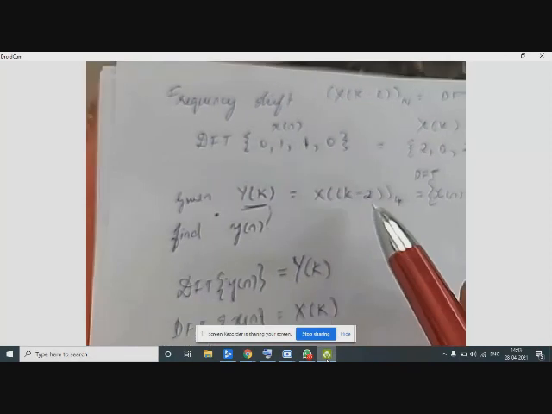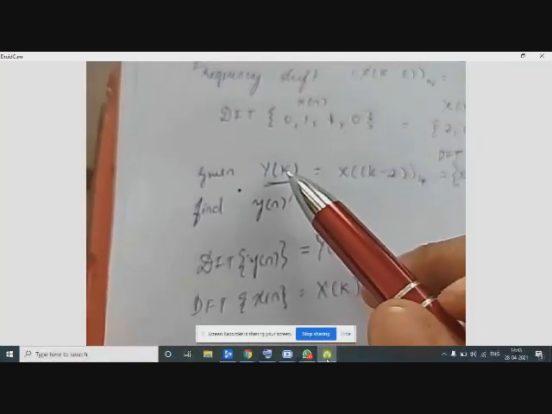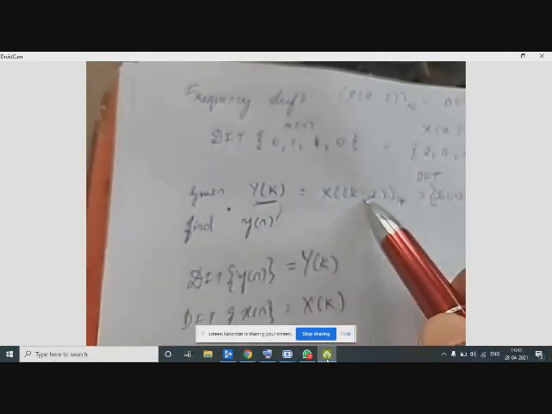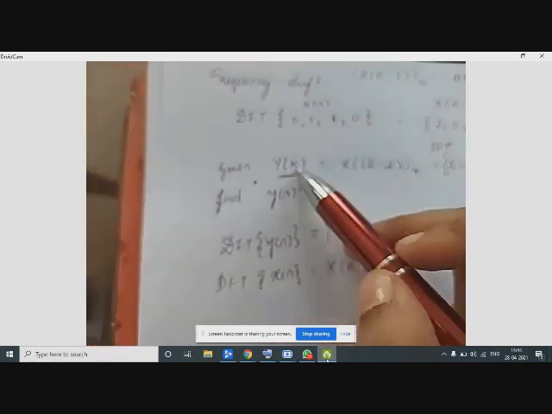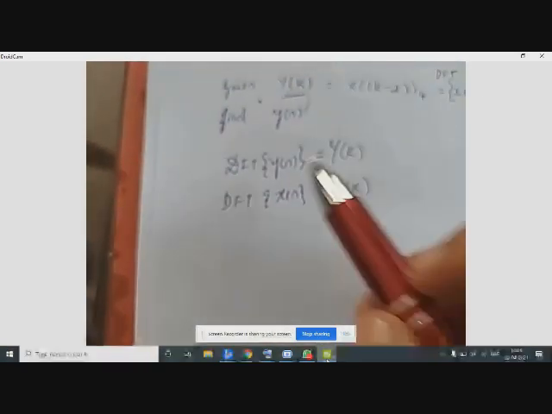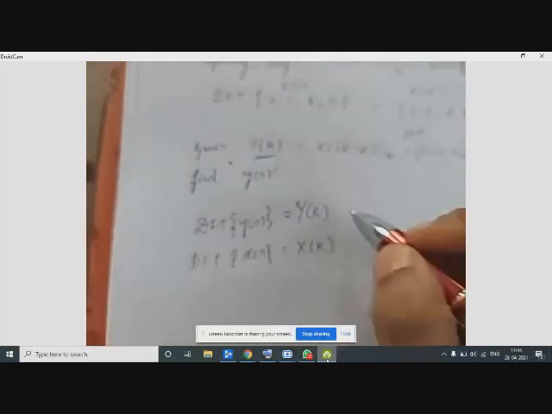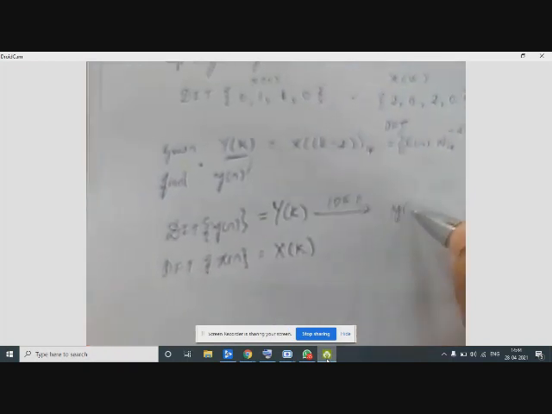Is it not? It means your y of k is a frequency domain sequence, a shifted sequence of x of k. So you want to find y of n. How will you find y of n from y of k? Ideally in the normal case you take the IDFT and you will get y of n.